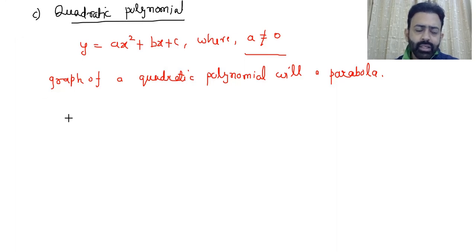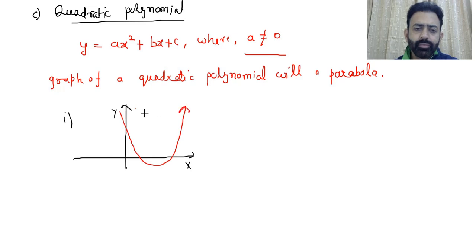So let us see case 1. This is your x-axis, this is your y-axis. So case 1 can be that the graph is, let us say, like this. This is called a U-shaped curve, okay? And in this case, the value of a is positive, right?